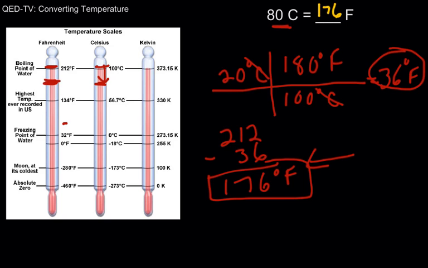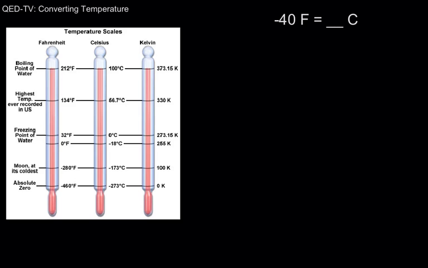So let's go ahead and try to do another one. Okay, here we go. Negative 40 degrees Fahrenheit. Ooh, that's clear down here somewhere. Negative 40 degrees Fahrenheit will be how many degrees on the Celsius scale? Do I convert negative 40 degrees Fahrenheit?